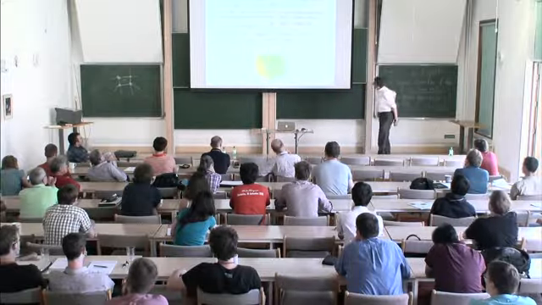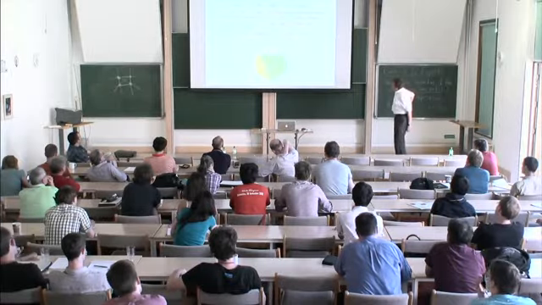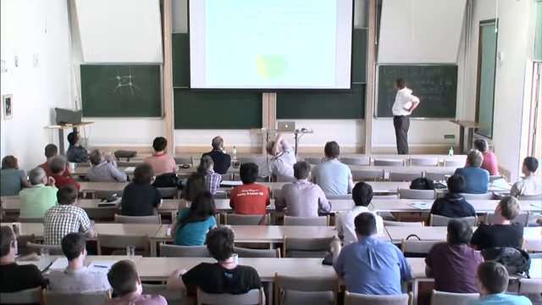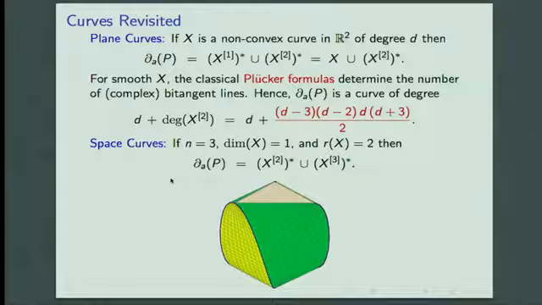So plane curves. Suppose I have a curve in the plane. Then the theorem says it's X^1 dual, that's X itself by biduality, union X^2 dual. So how do you calculate the convex hull of a curve in the plane? Well, there are two features.